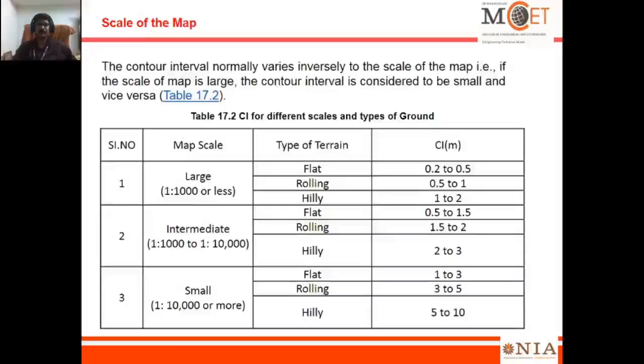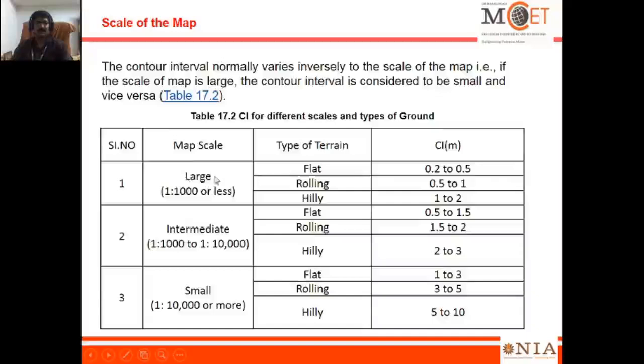Next, based on the scale of the map, the contour interval normally varies inversely to the scale of the map. If the scale is small, the contour interval will be more. Right? So the large scale is 1 in 1000, and the small scale is 1 in 10,000.